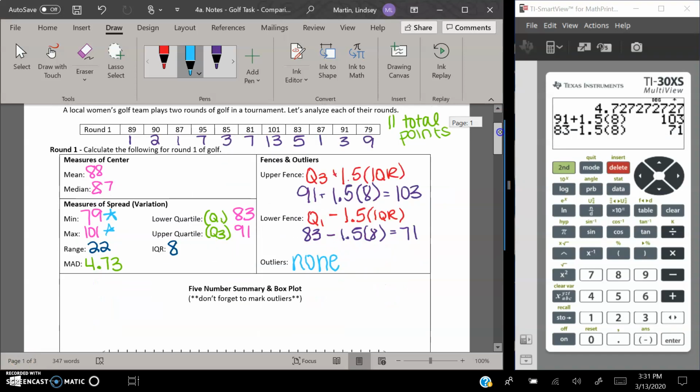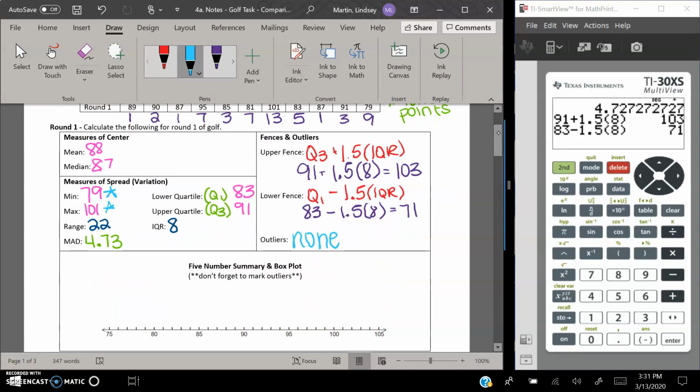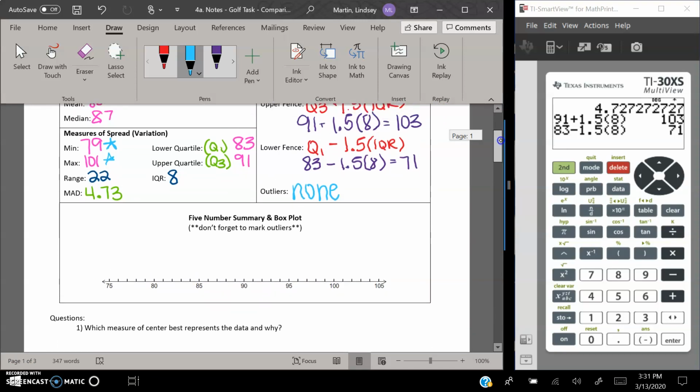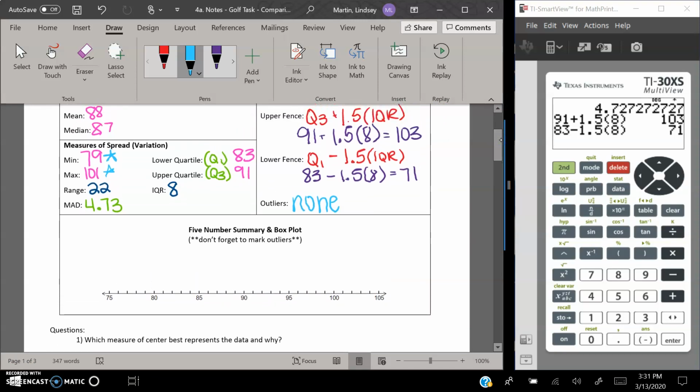Now we want to go ahead and create our box plot. If you remember from earlier, our box plot is made with the 5-number summary. Within the 5-number summary, I have the minimum, Q1, the median, Q3, and the max.